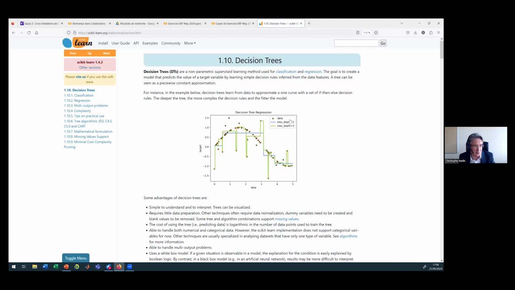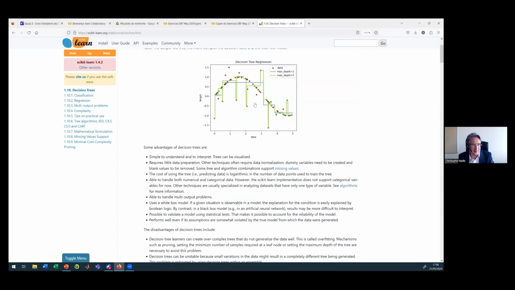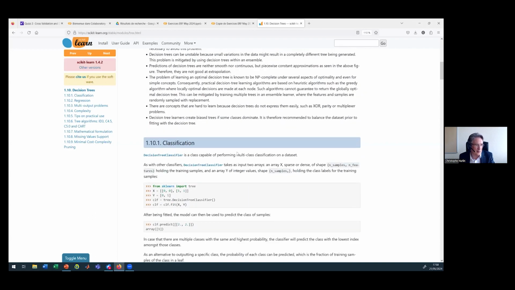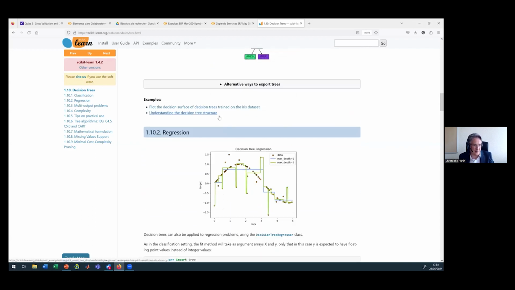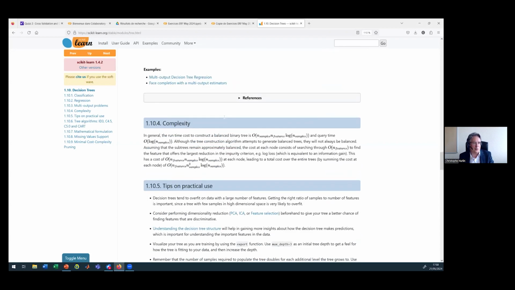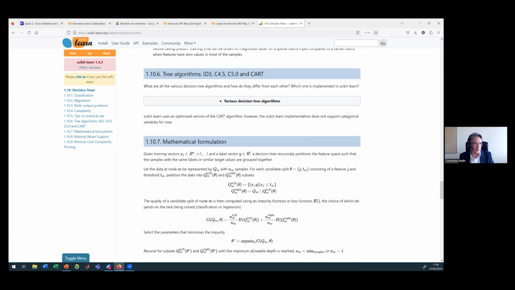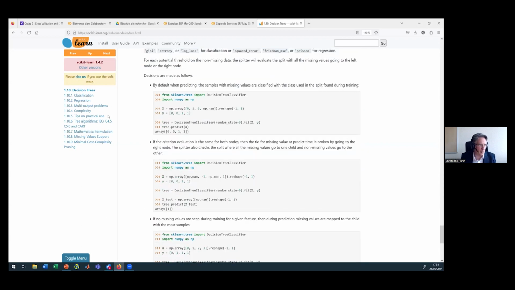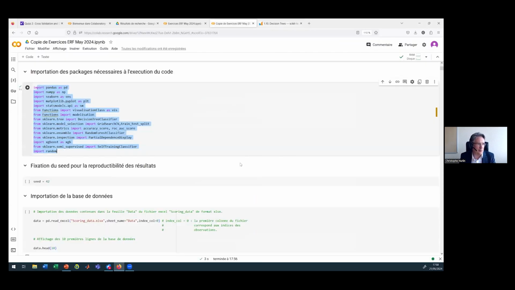For the decision trees, you observe that I take where I find my graphs, and you have classification and some examples that explain how it works, the complexity, CART, etc., the mathematical formulas, you will find all we discussed before. Let me go back to my Python notebook.